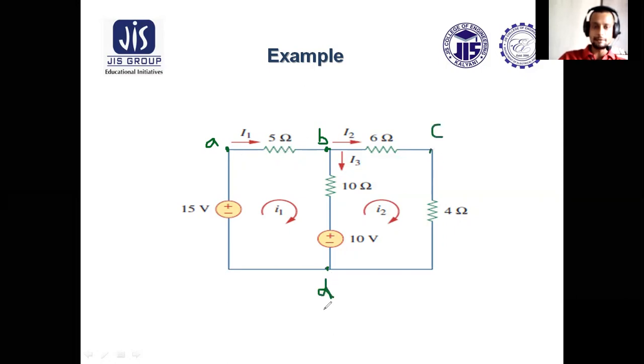So one loop is ABDA, that is loop 1. Another loop is BCDB, that is loop 2. So we have assumed two loops and we have assumed two loop currents, I1 and I2.